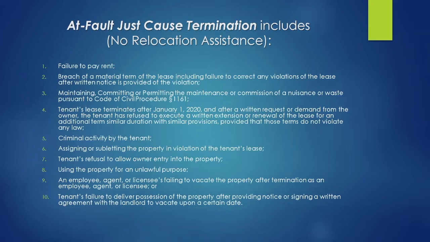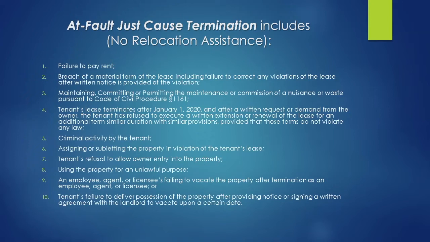Okay. Criminal activity you can still terminate for. Assigning or subletting the property in violation of the tenant's lease. Okay. Unauthorized documents, that still applies. Tenant's refusal to allow owner entry into a property. So that's your 1954 notice to enter dwelling. If the resident fails to allow access, then you can serve a 3-day notice to cure covenant moving forward if they do not comply.